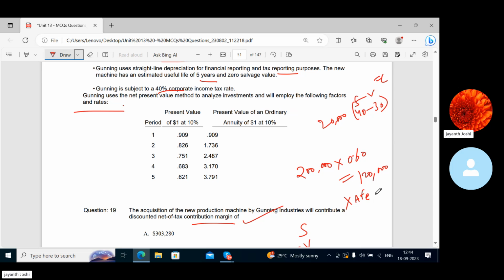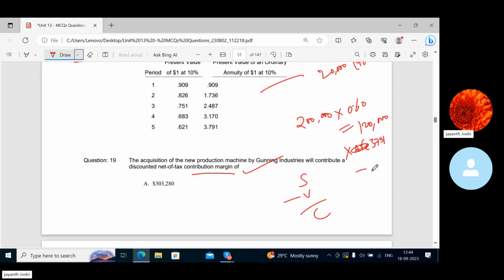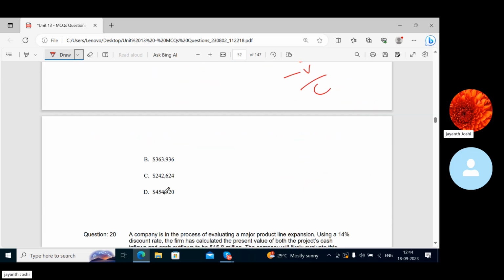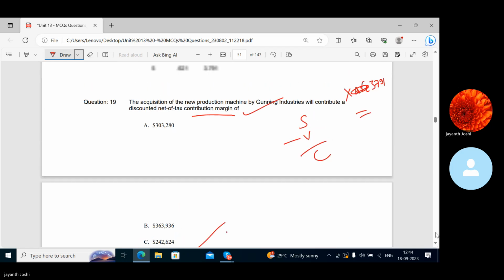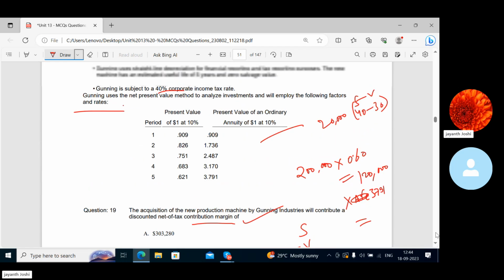They have given the annuity factor also, at the rate of 10% for 5 years, 3.791. Just multiply this and tell me. Simple question. 4,54,920. Absolutely right. The question is lengthy. Yes, sir. I'll note it. Okay.